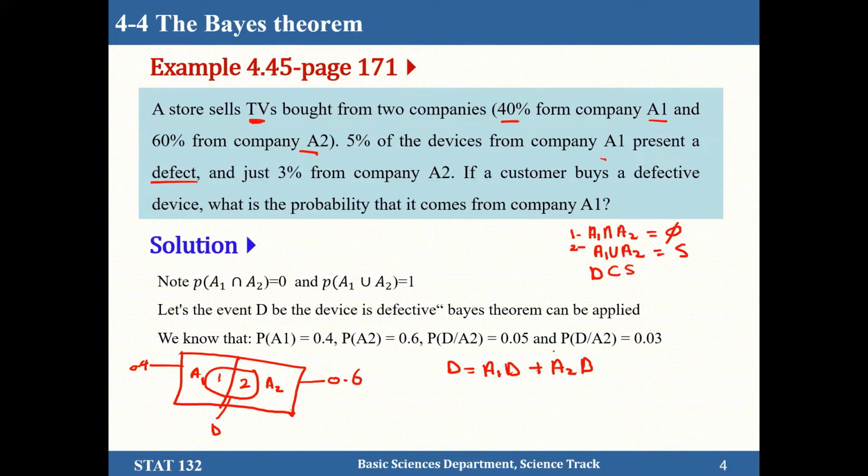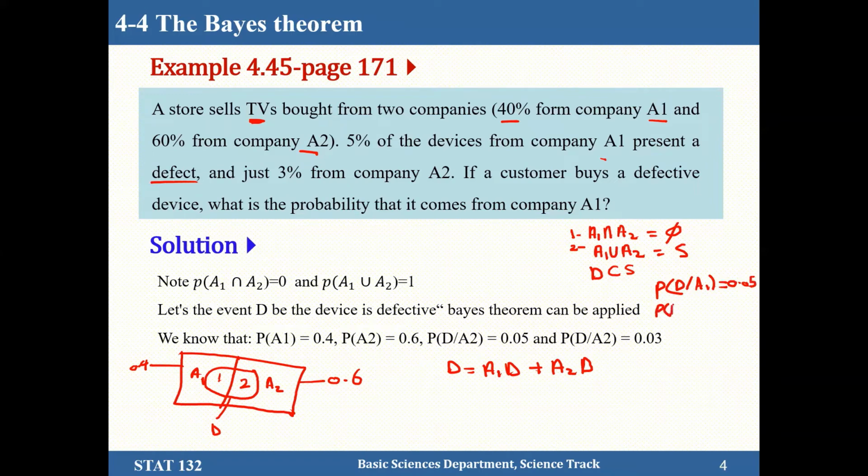So now, from A1, 0.05 defective. This means the probability of D defective given A1 is 0.05.